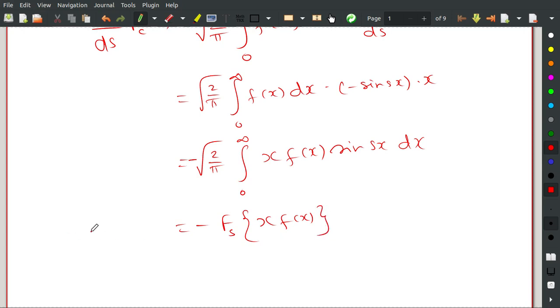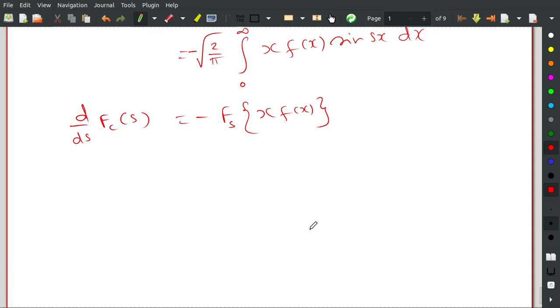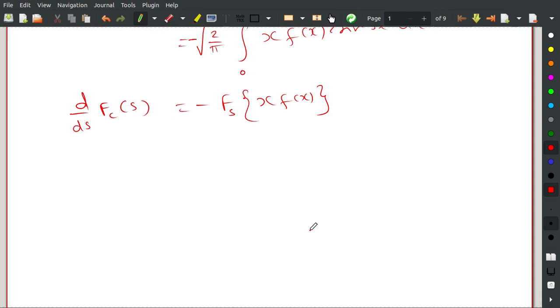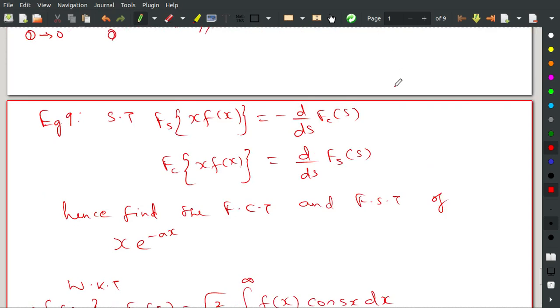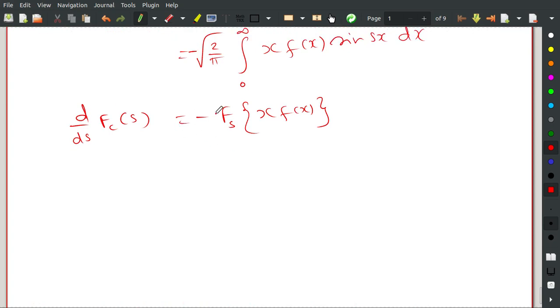So we proved that d by ds of the Fourier cosine transform of f of s equals this one. Next we have to prove the other one, and we can take this minus sign here, and then that's the proof.